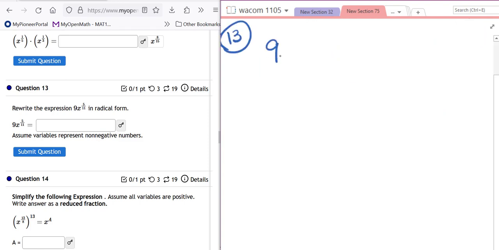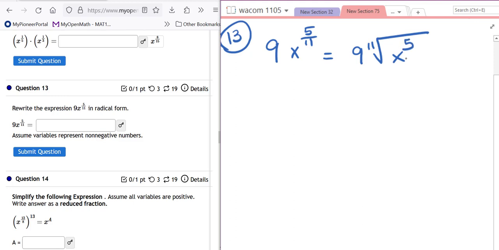We have 9x to the 5/11. They want us to switch it to radical form. What you have to remember is the exponent only goes with the piece it's right beside. To make it go to more, you would need parentheses. So this exponent only goes to the x. So to write it with a radical, your 9 is outside, and your 11 is your index, x to the 5th.